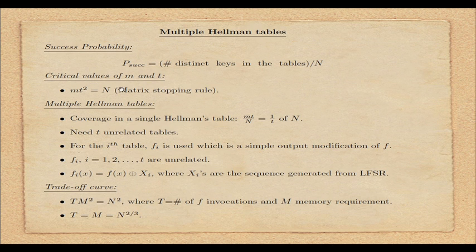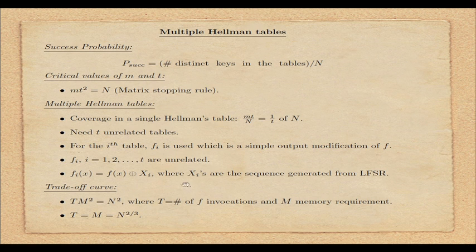If we keep our matrix size such that m t square equals n, then it can cover only 1 by t of the total key space. So, we need t many tables, with a different function for each table. We will use some variant of this f function for t different tables, where f is a simple function.